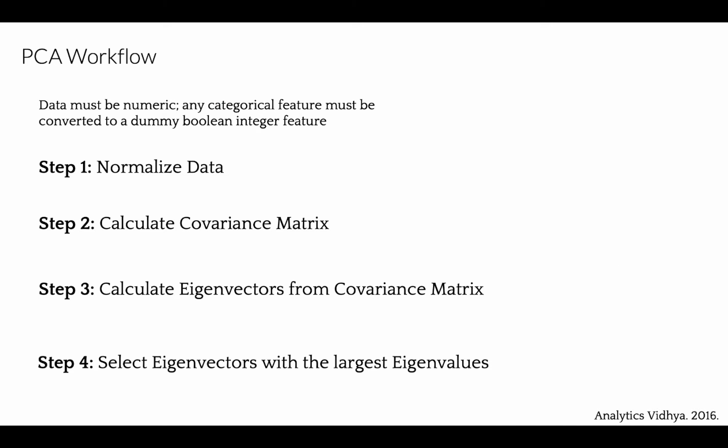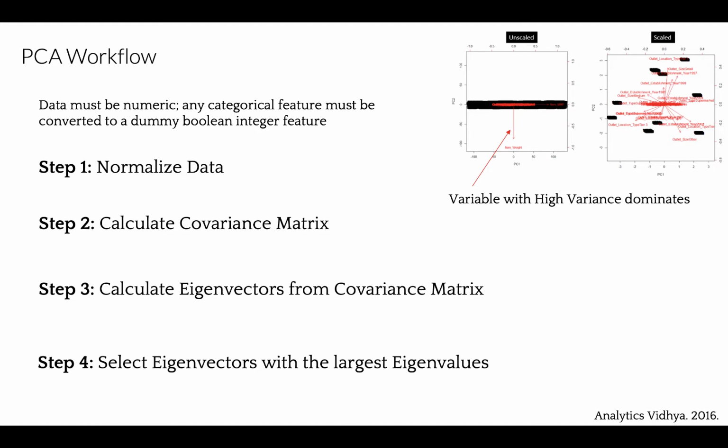For PCA, data must be numeric. Any categorical features must be converted to a corresponding Boolean integer feature. First, the values in the original dataset must be scaled and centered to prevent features with large numeric ranges from dominating other features. Here's an example of PCA analysis with unscaled predictors in the left figure and scaled predictors in the right figure.